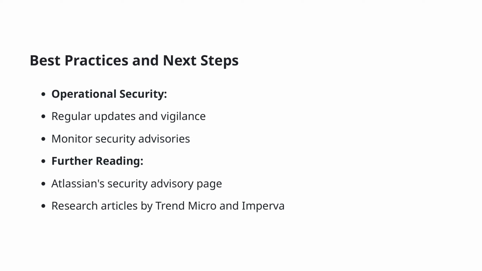For those seeking additional resources, I recommend visiting Atlassian's Security Advisory page for detailed updates and guidance directly from the software provider. Additionally, research articles from Trend Micro and Imperva offer valuable insights and comprehensive analyses of emerging threats and recommended countermeasures. By following these best practices and utilizing the available resources, you can better safeguard your systems against malicious activities and ensure a more secure operational environment.